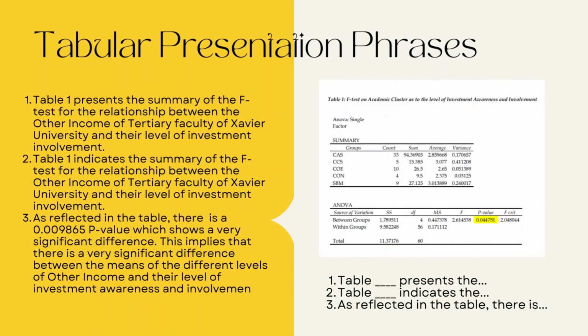Let us now look at some example keywords or phrases for tabular presentation. Number 1, Table 1 presents the. Number 2, Table 1 indicates the. And number 3, as reflected in the table, there is a. It is very important to note that you should limit your tables to data that is relevant to the study's hypothesis.